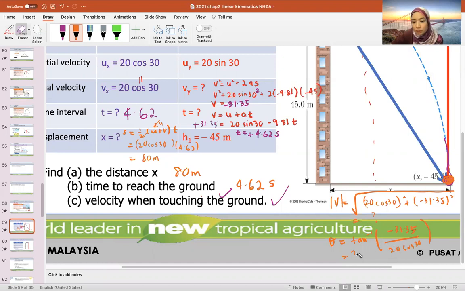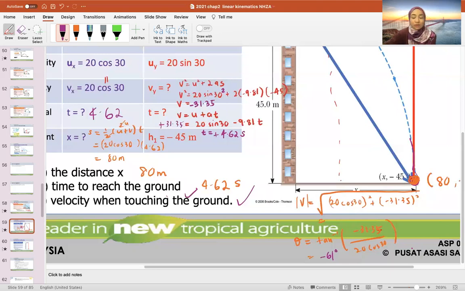Did anyone calculate the magnitude? Minus 61 degrees. Did you get the answer? What's the answer? We need cooperation in this class to calculate because I'm lazy. Okay, what's the magnitude? Please give me the answer. 20 cosine 30.